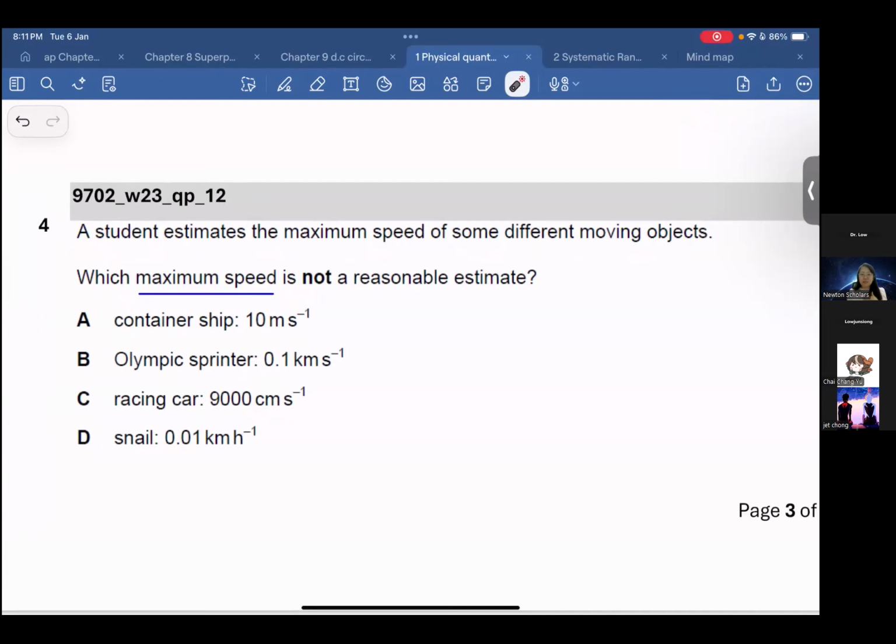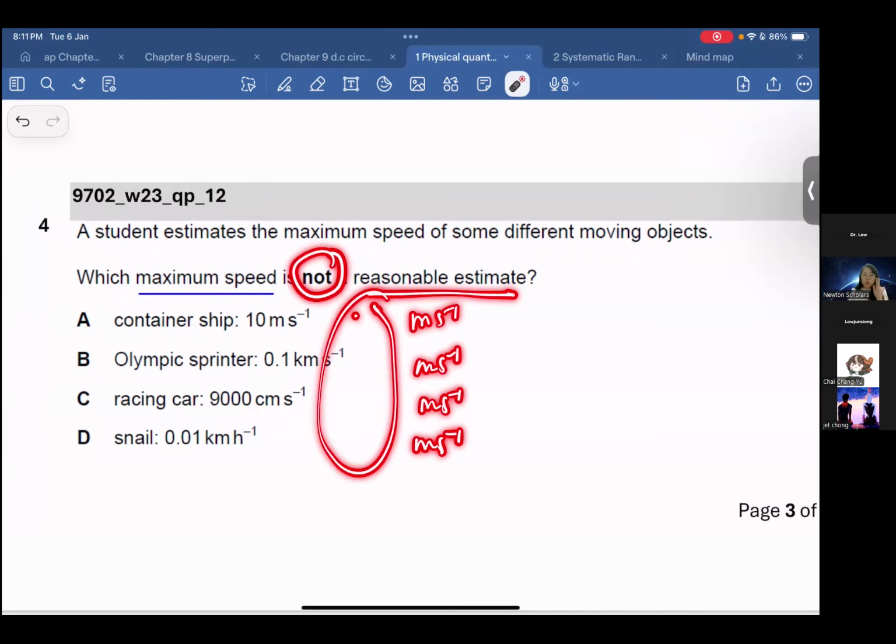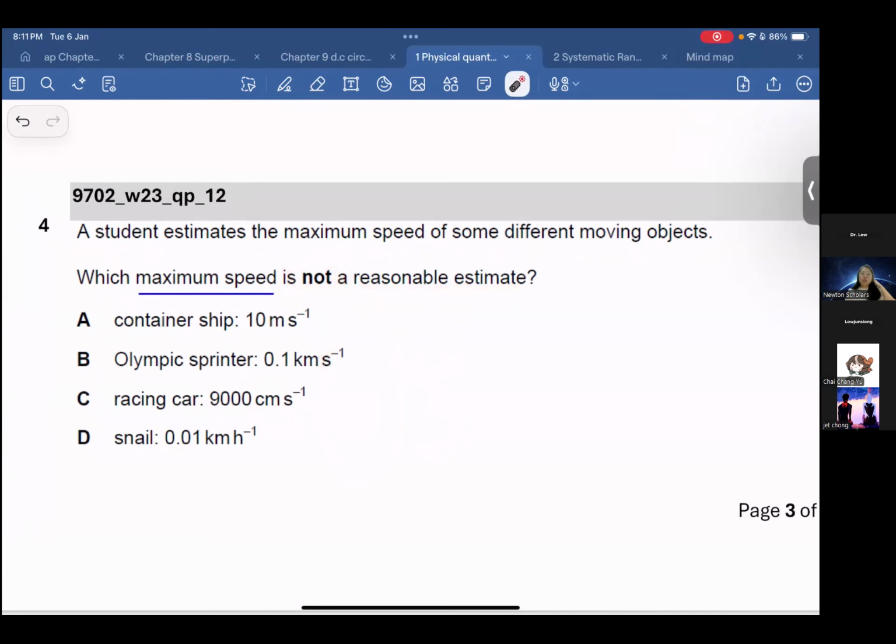You try to eliminate the wrong answer. That is not a reasonable estimate. So try to make them all in meter per second, and ask yourself which one is not a reasonable estimation. Okay, try question number 4.